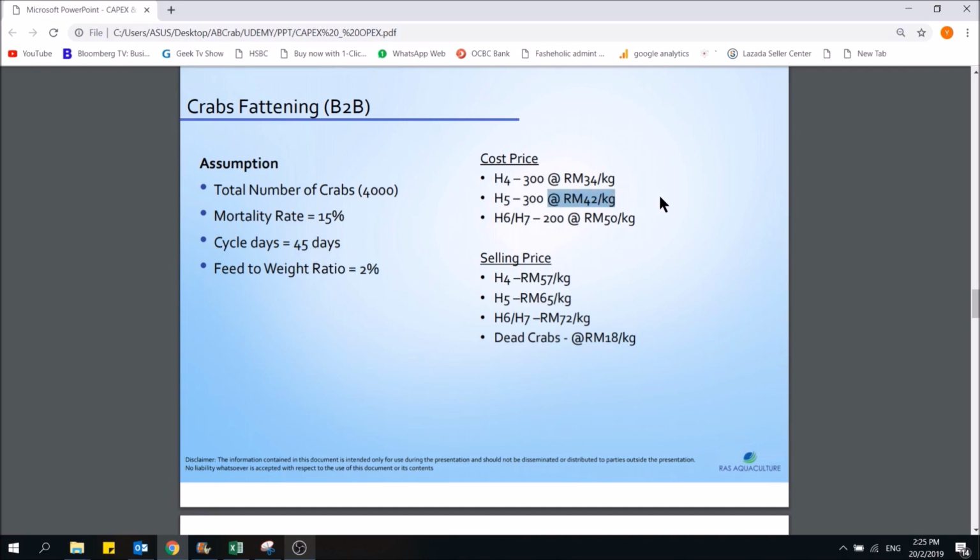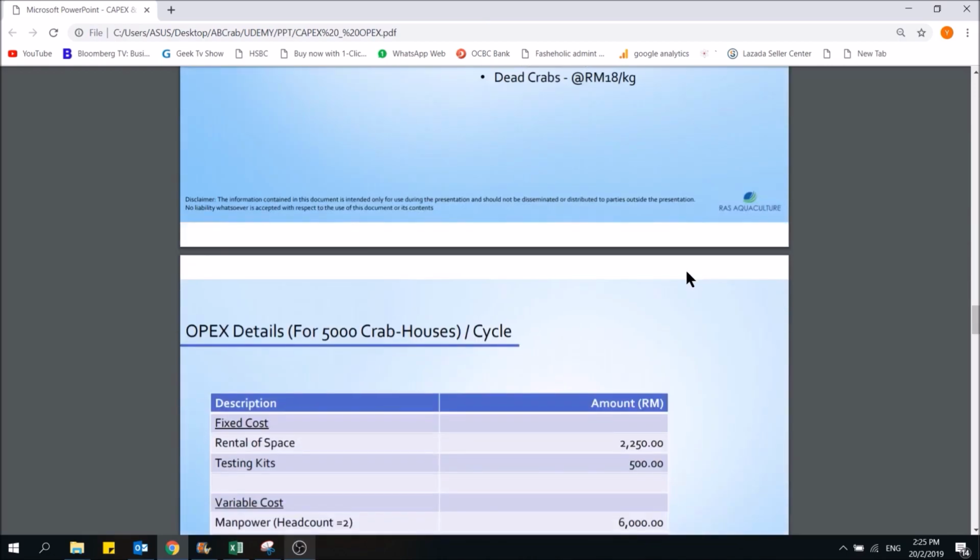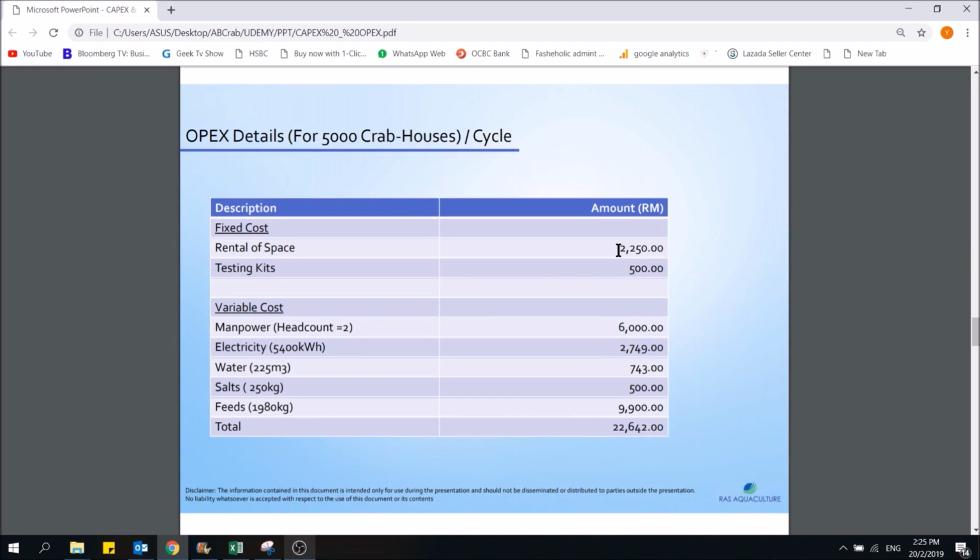Alright, usually we do not only farm one sort of crab, we split them out into different ranges. What you can see now is that the rental will multiply by 5 times, testing kits will multiply by 5 times, and for the manpower, as we mentioned early on, one person can take up to 2,500, so 2 persons effectively take up to 5,000 boxes.